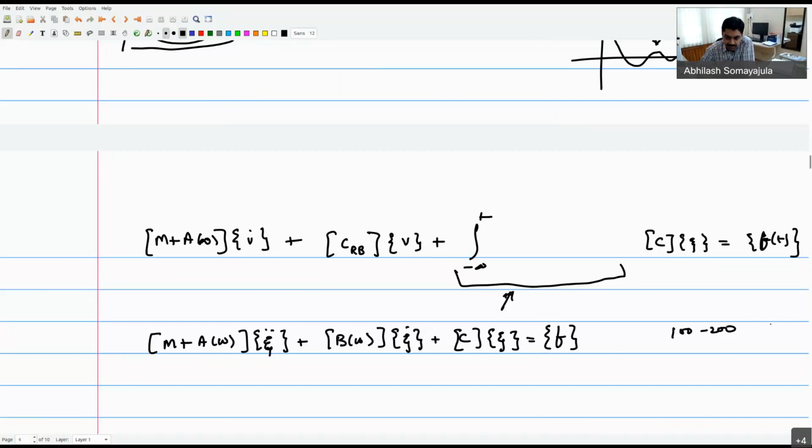So if I'm looking at motions of the order of 100 to 200 seconds, what is 2 pi by 100? How much will this be?